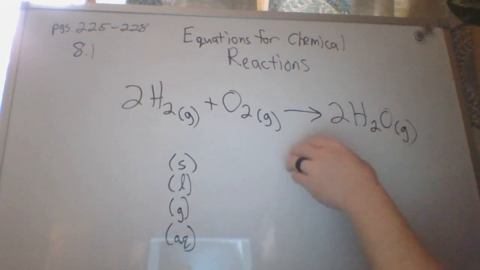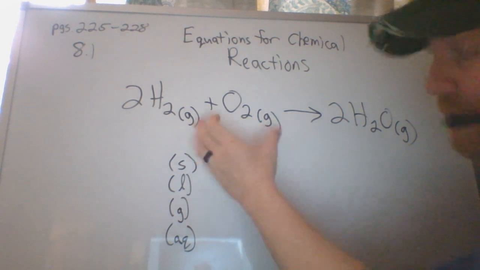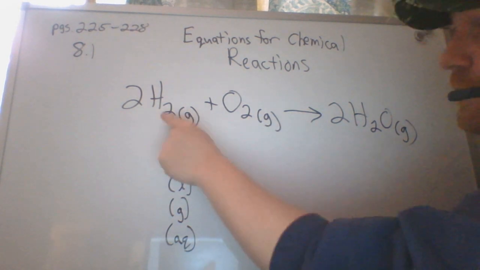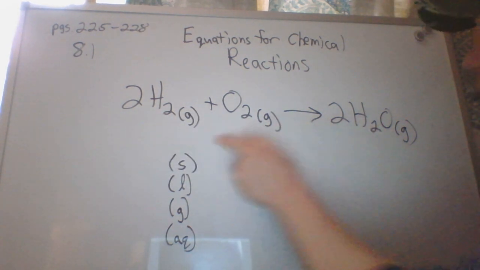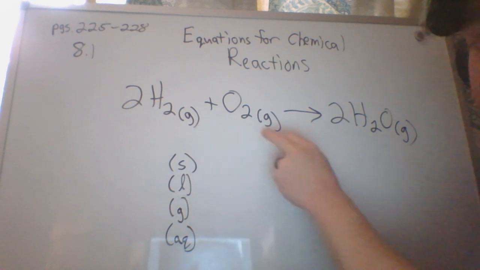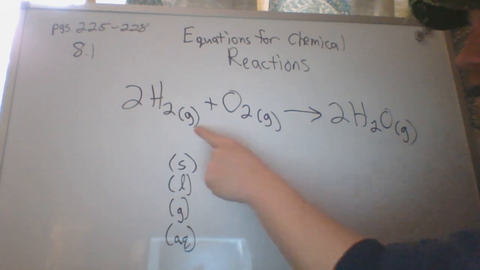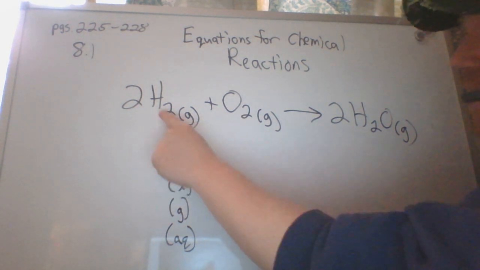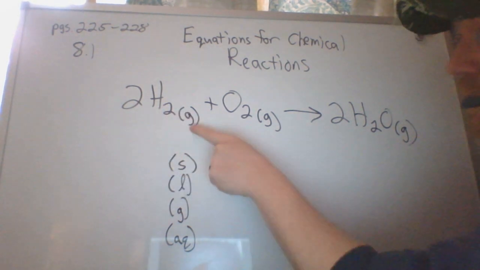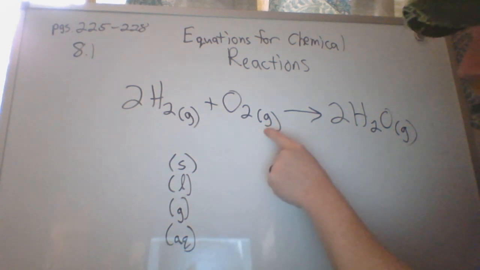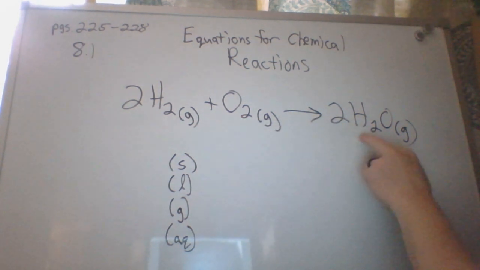So often after you see the particular chemicals involved, you see the states of matter. It lets you know what particular state they're in. In this particular case, we have hydrogen, H2, and it's written as a gas. Oxygen is also written as a gas.